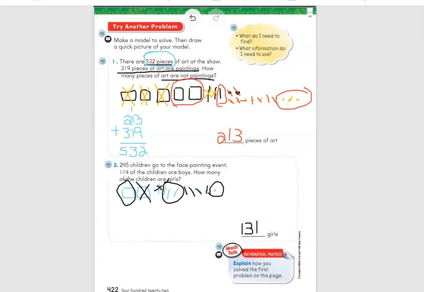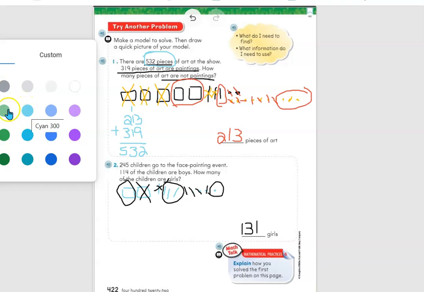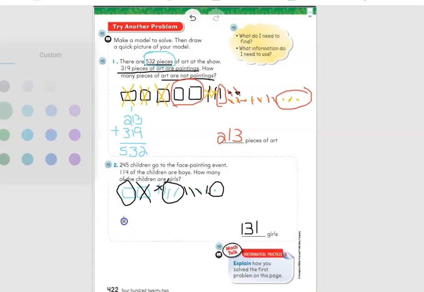Let's find out. Let's check our work. We never want to walk away without checking our work. So let's add 131 plus, what number am I using to check my work again? Right here. Remember that 114, the number I took away. 114. And what should my sum be when I put these together? If I did it right, I should end up with the total amount that we started, 245, right?